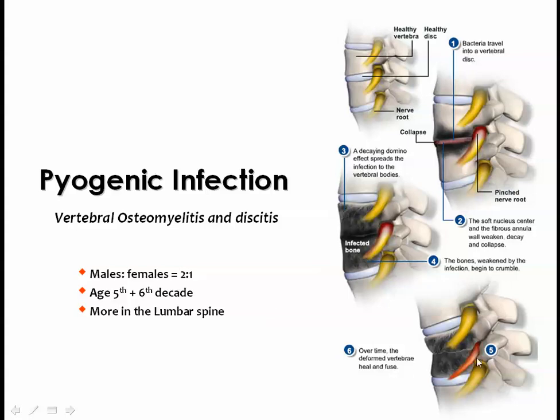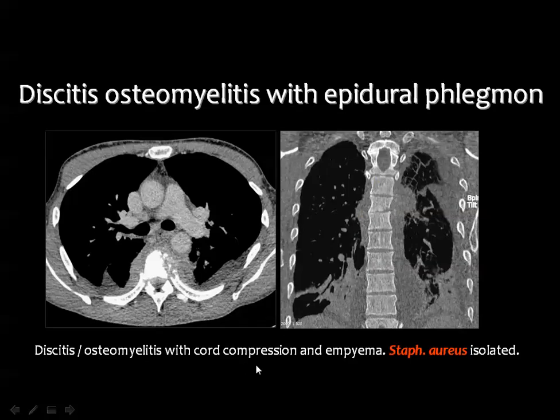And finally, you get some sort of loss of height and partial collapse with almost loss of the disc space, and consequently you get some deformities in the spine, which will lead, of course, to nerve compression and many of the symptoms.